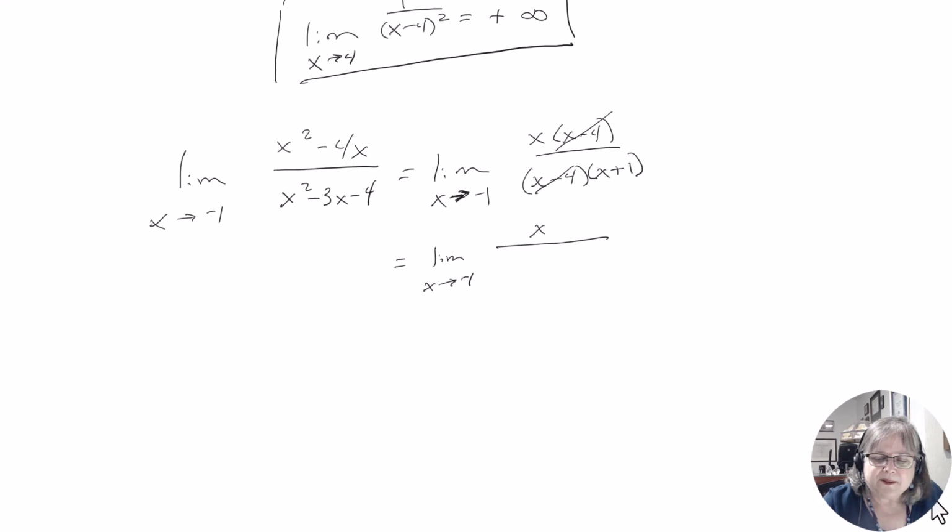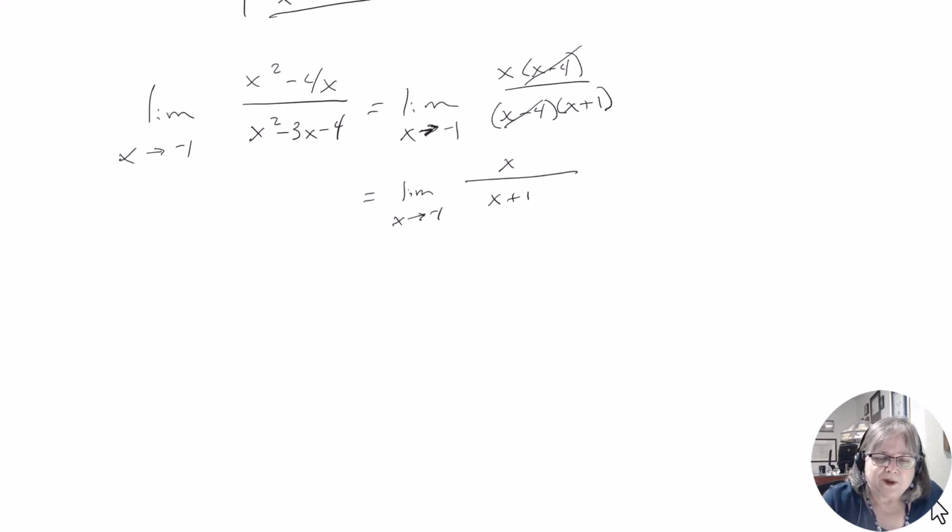But the thing that is causing you to have 0 in the denominator is this factor right here, and it is still there. Okay, so even though we have a simpler form to evaluate, there is still a non-removable discontinuity. So there was a removable one at x equals 4, but there is a non-removable one at minus 1.